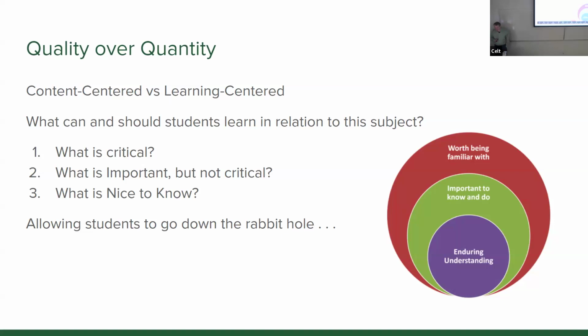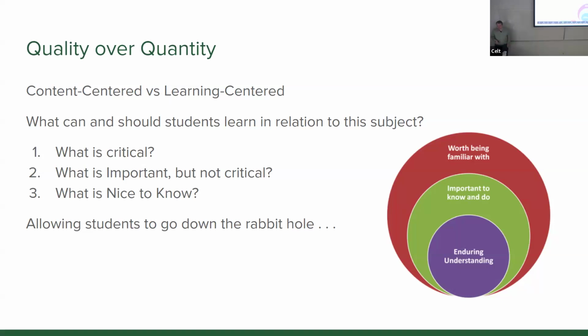So we need to try and focus on what is critical in relationship to our primary materials. Again, the thing that's great about teaching fully online is you do have the opportunity to let your students go down various rabbit holes if they want. But you really need to keep your primary materials well focused.